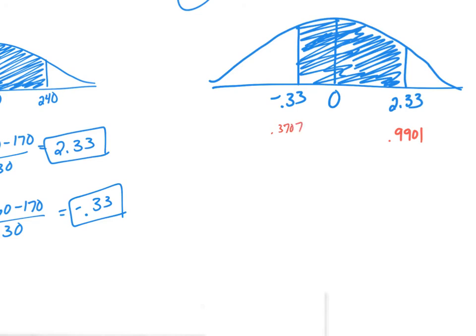This was 0.3707. So to find the in-between, we take the bigger number, 0.9901, minus the smaller number, 0.3707. Let's subtract them.